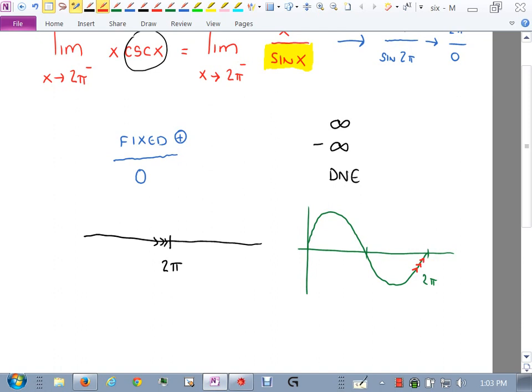We already know we're approaching 0, getting closer and closer to 0. But we're coming up from below the x-axis, which means those values are very, very small negative numbers. So I know that I'm approaching 0 through negative numbers. Y'all see that? And since I have a positive over a negative, my ratio would be negative. So your answer is negative infinity.